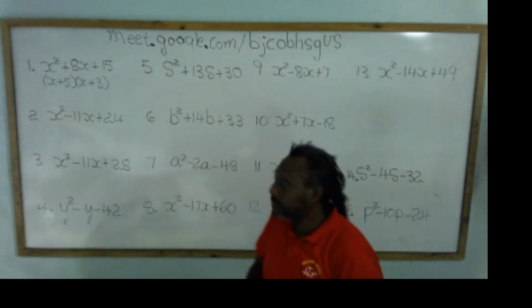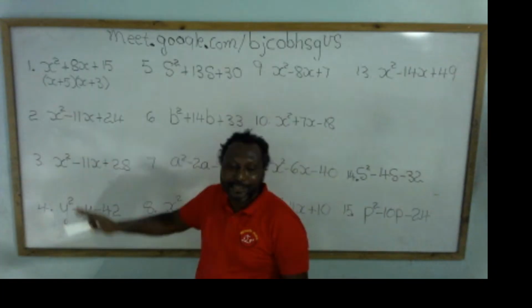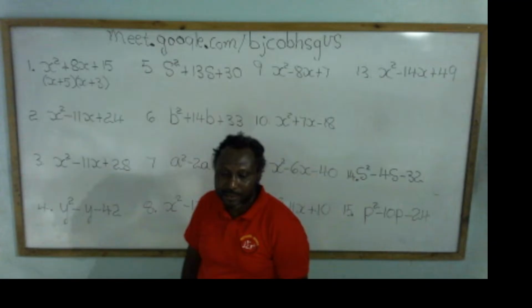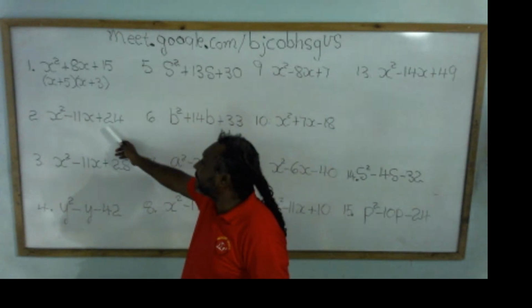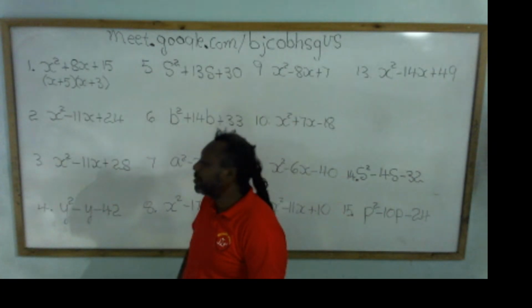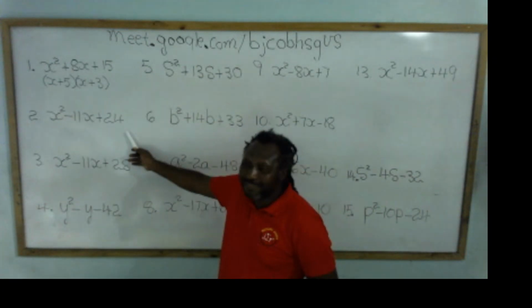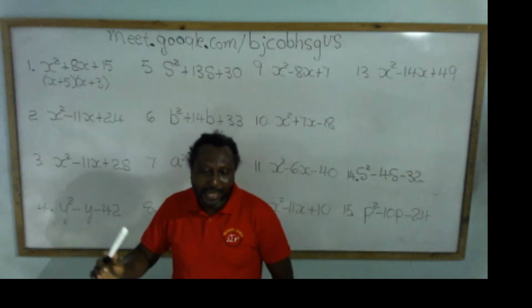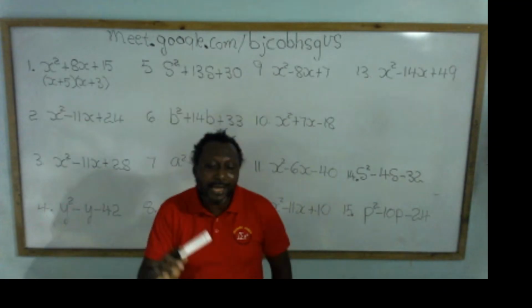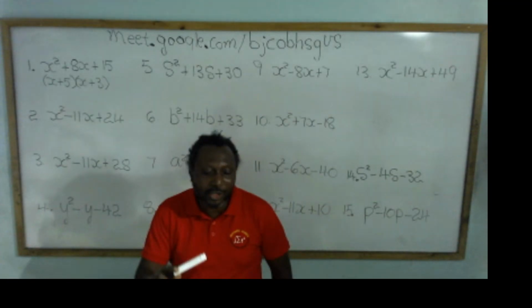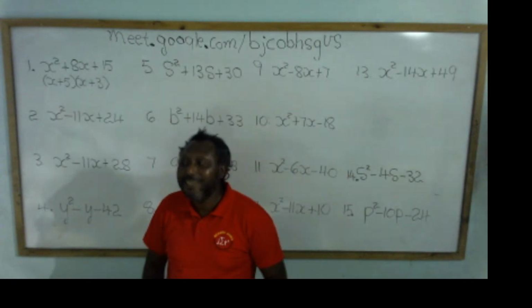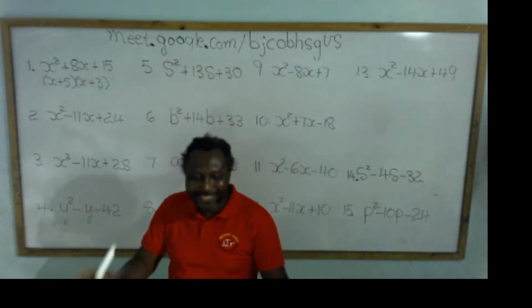What about this one? We have signs starting to play a very important role at the moment. So we have x squared minus 11x plus 24. So the product is 24 and the sum is negative 11, and you're going to give me the results with their signs, because if you give me the results with incorrect signs, then the entire thing is incorrect.